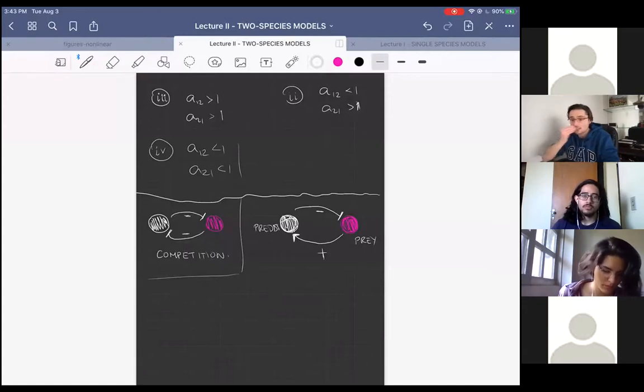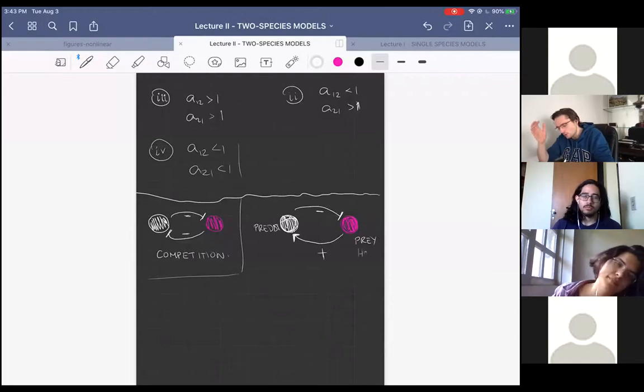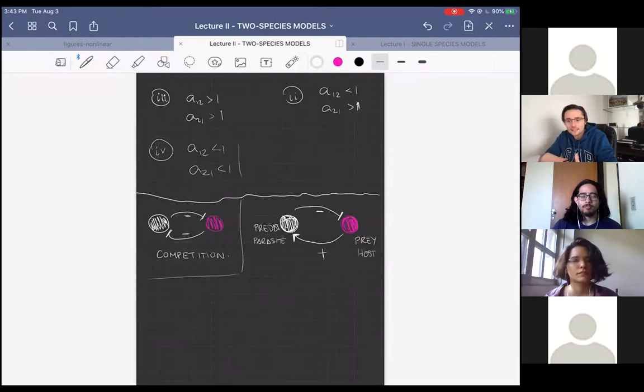This type of interaction also happens in infections, for instance. This would be a host, and this would be a parasite, where the parasite needs the host to grow, and by parasitizing it, it inhibits its growth, or it reduces its growth, okay?